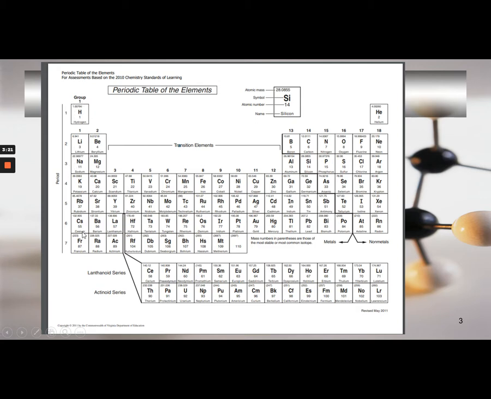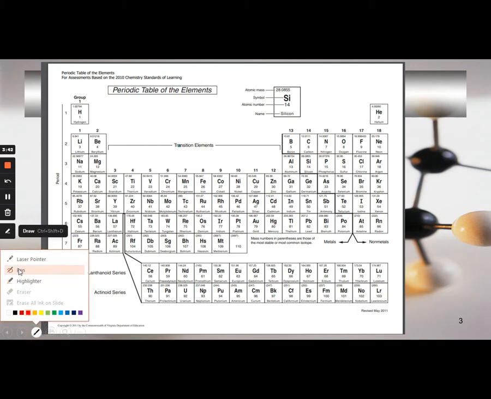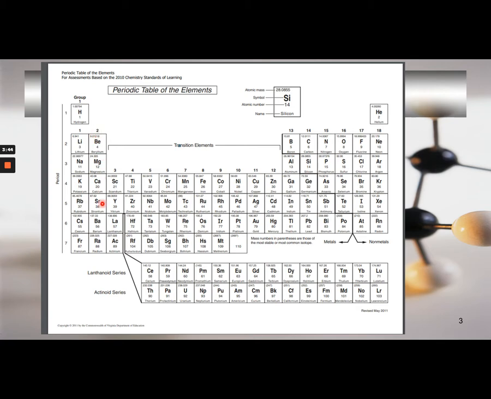So the groups are organized that way, and they have similar chemical and physical properties, except for hydrogen, because it can act like a metal or a nonmetal. And then we have, of course, the elements in group 2, which allows us to see the elements organized by their valence electrons.